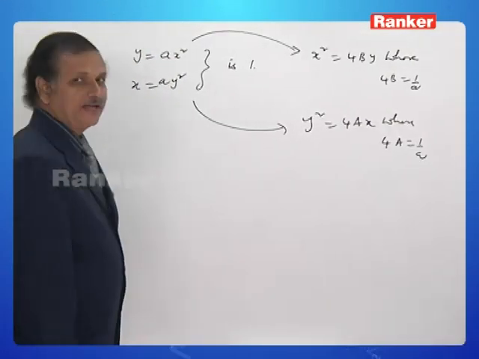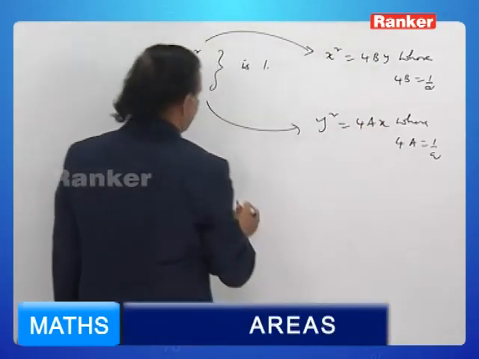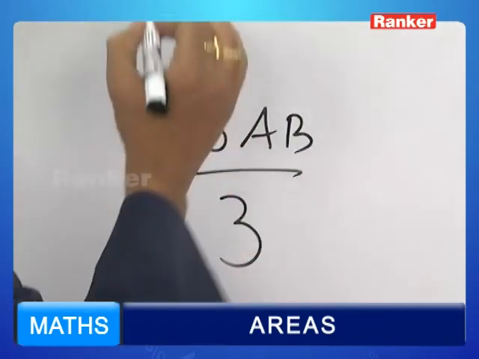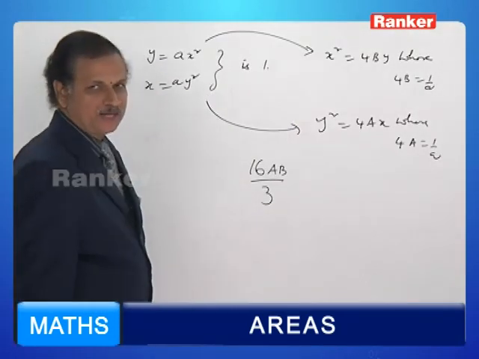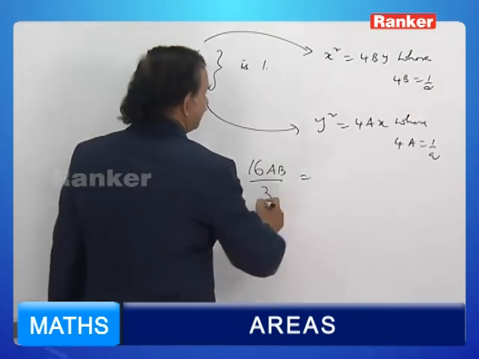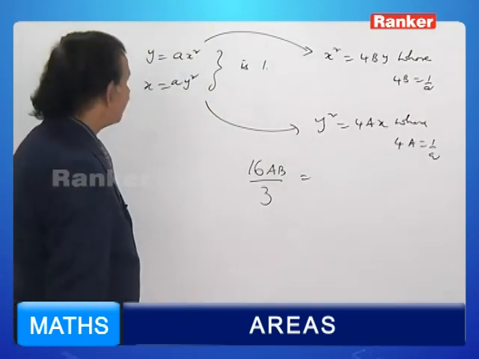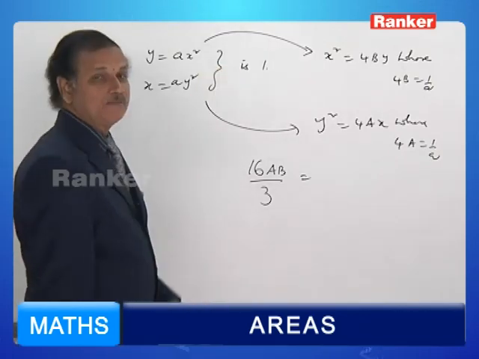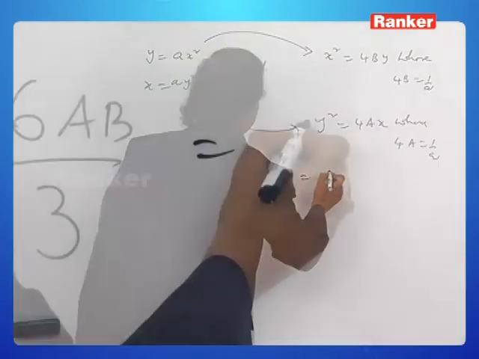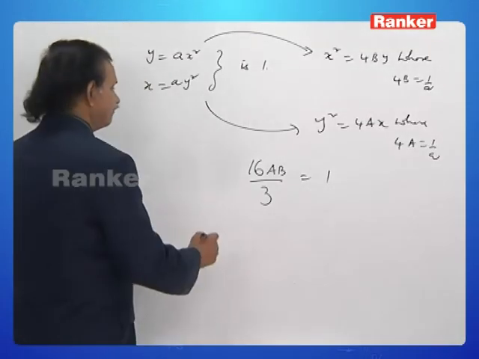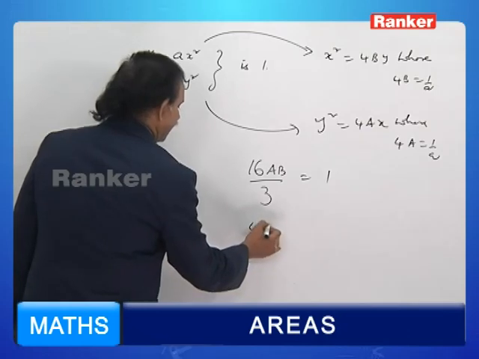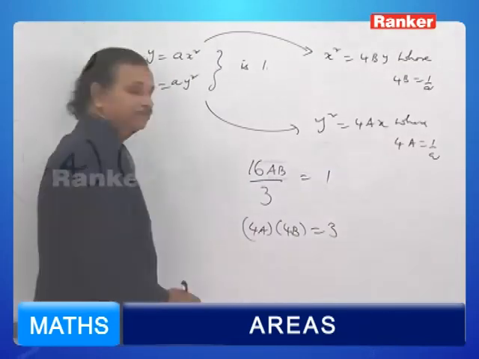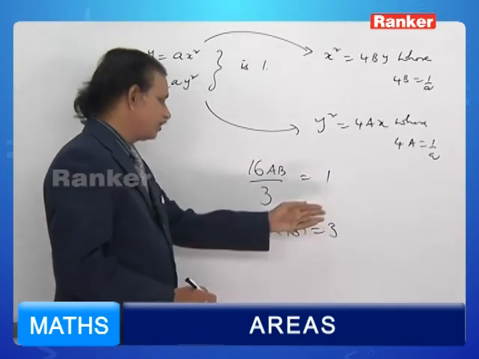We know that the area bounded between these two is 16ab by 3. And from the given information, the area bounded is 1. So 16ab by 3 is equal to 1. Therefore, 4a into 4b is equal to 3. Am I right? 4a into 4b is nothing but 16ab, which is 3.